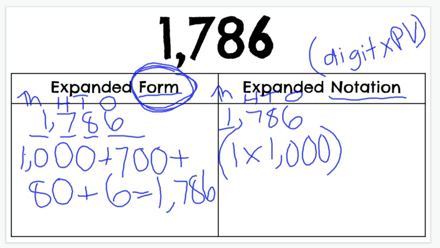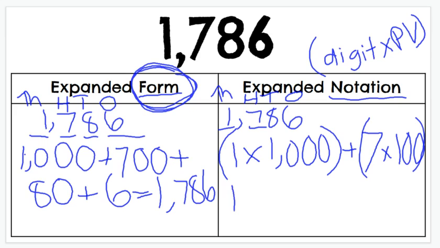Moving on, I need to add my next group. I'm going to look at my next digit, a 7. So I start with my digit, and I multiply it by the place value. It's in the hundreds place, so I will multiply it by 100. And then that needs to be closed inside of parentheses as well.